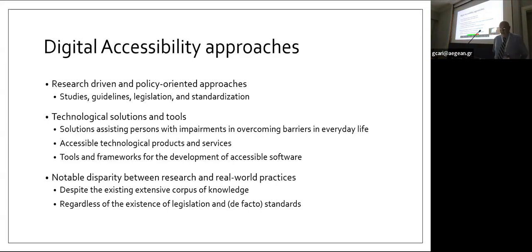As an epilogue, endeavors in the field of digital accessibility, spanning the entire spectrum of technological domains under scrutiny, can be broadly categorized in 2 main types, namely research-driven and policy-oriented approaches, as well as technological solutions and tools.